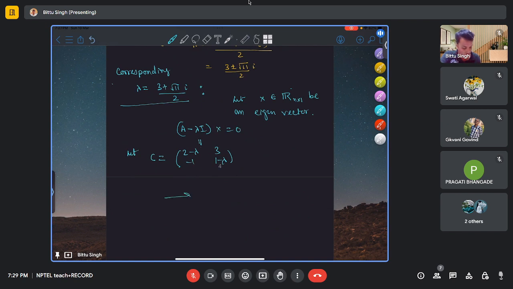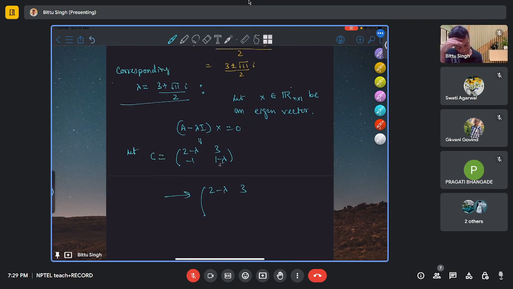This is actually the same as this matrix. So if you do row reduction, then this will be 2 minus lambda, 3, and there will be some entries. So you can reduce this actually, because the fact is that there will be some non-zero solution. So a non-zero solution is only possible if the rank is not 2.